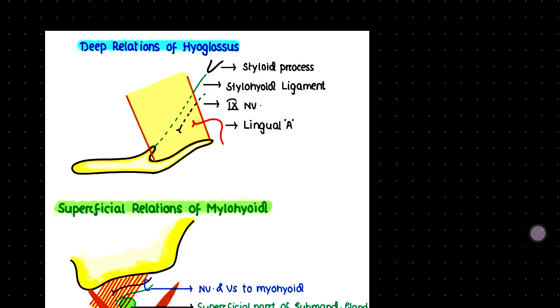Now in the deep relation of hypoglossus, we will find the stylohyoid ligament, and superior to it we have the stylohyoid muscle. Here we will see the 9th glossopharyngeal nerve, right? And the lingual artery, as you can see.